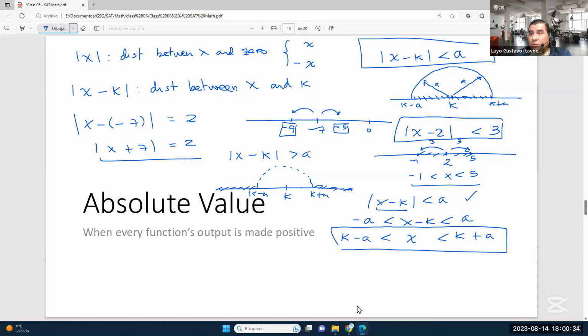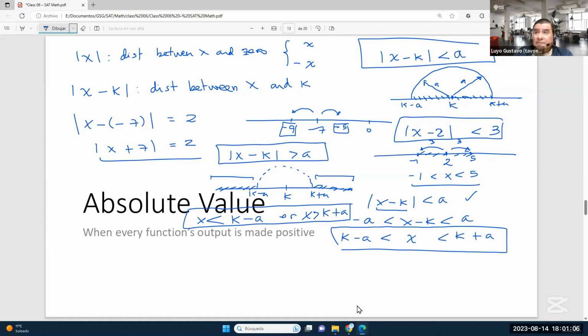So how do you see this? We can see the opening of this inequality from the diagram, which translates this as distances between numbers on a number line. X could be here, that is to say, x could be less than k minus a, or x should be in this part, greater than k plus a. And that would be it.